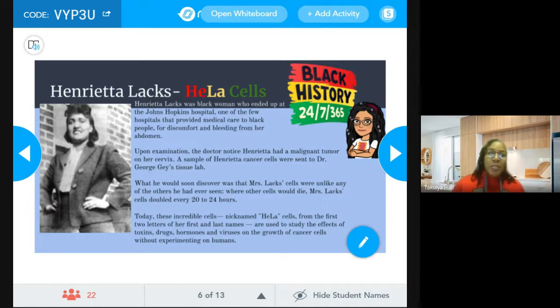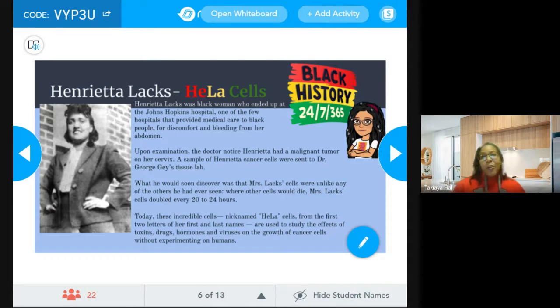But when it came to Henrietta, her cells actually doubled every 20 to 24 hours. So her cells kept growing, and they were staying alive. This was a new phenomenon that they had never seen before. So they started using her cells for research.